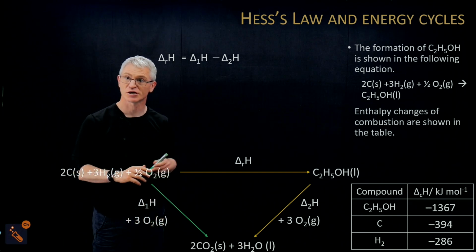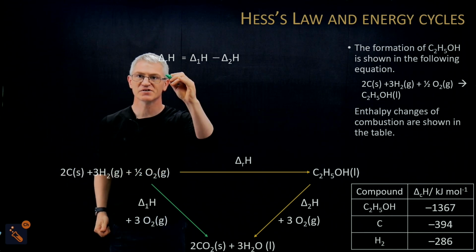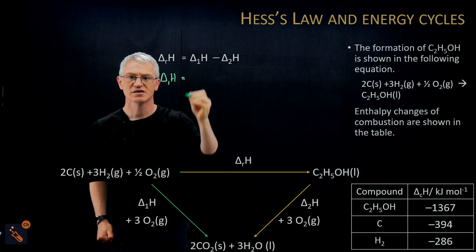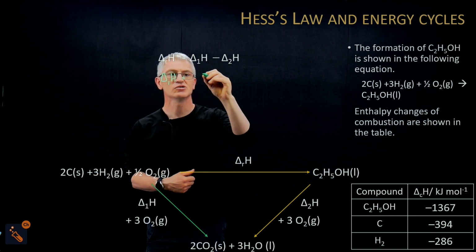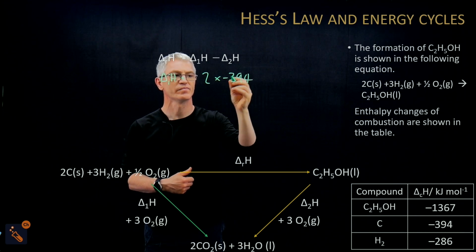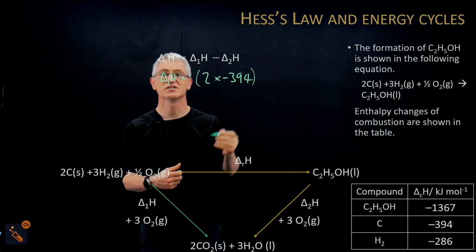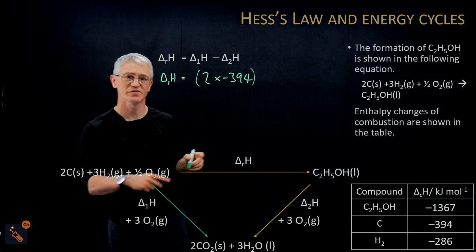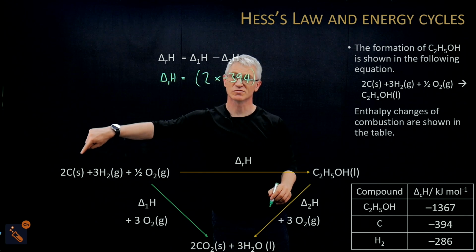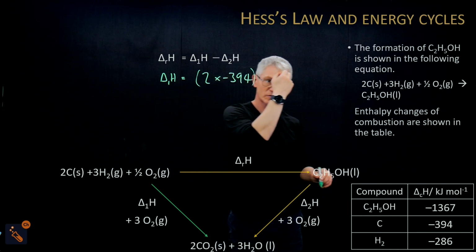Okay, give this a shake. Okay, and then first of all, we're going to do delta H1. So delta H1 is going to be 2 times minus 394. Okay, now why is it 2 times minus 394? First of all, minus 394 is the carbon down here. We've got 2 moles of carbon, so that'd be 2 times that number.